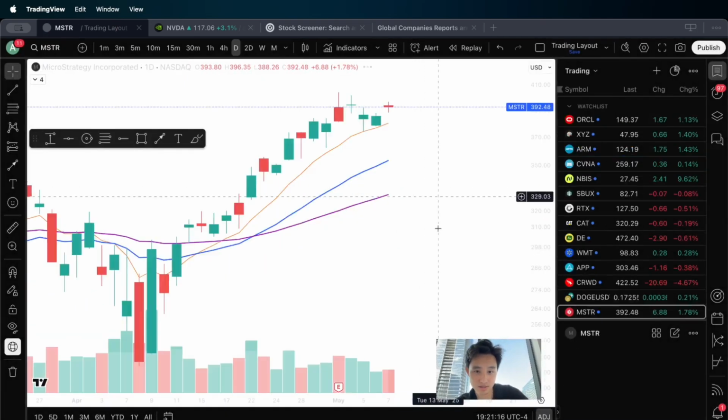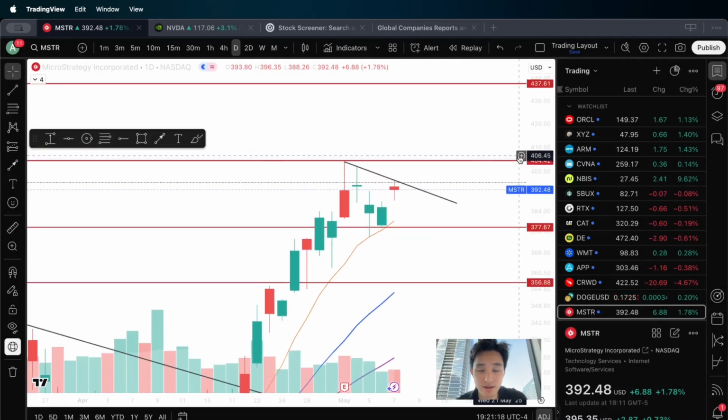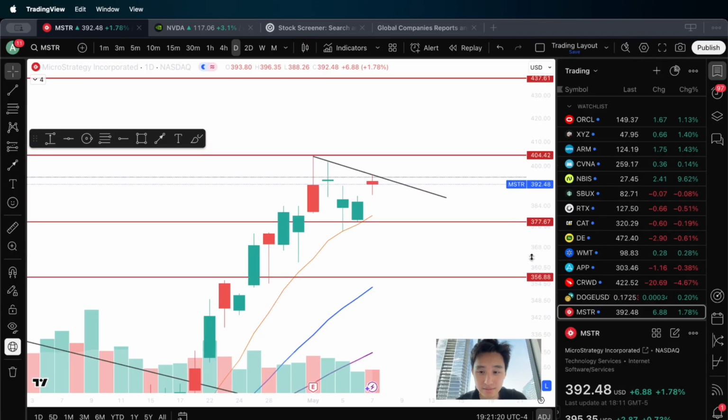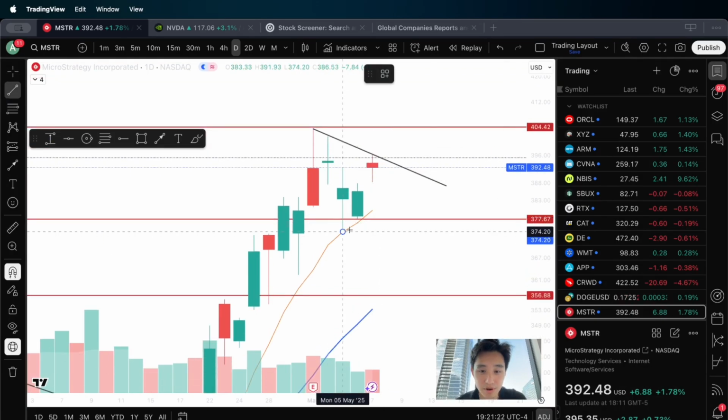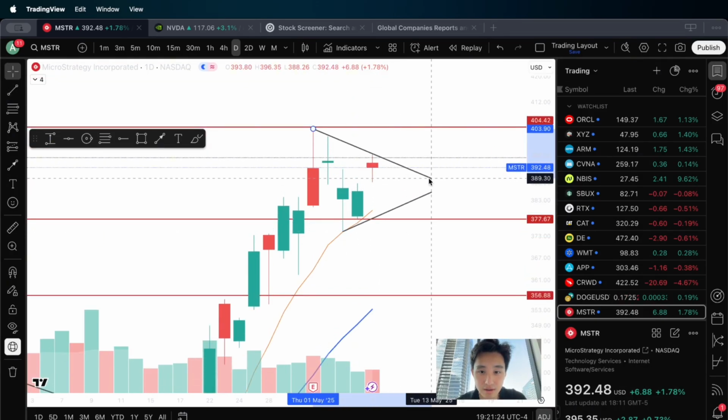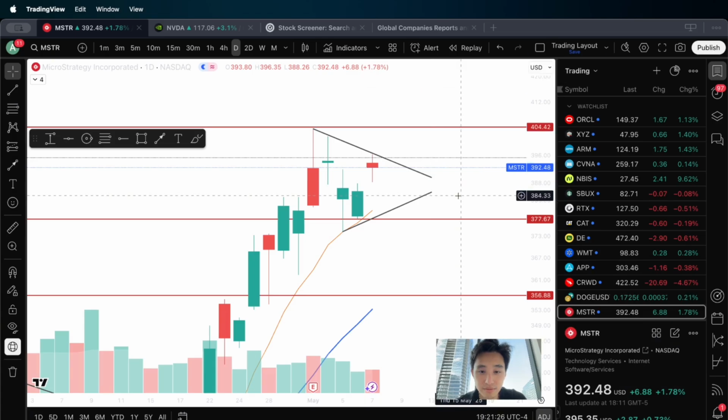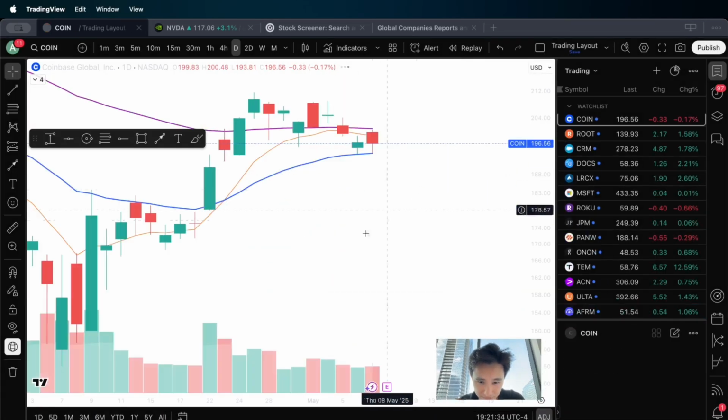MSTR, Otter. I think it just needs to tighten a bit more. Honestly, it hasn't fully tightened here. I don't think it's gonna break yet. Yeah, 400 seems like a pretty good resistance spot.